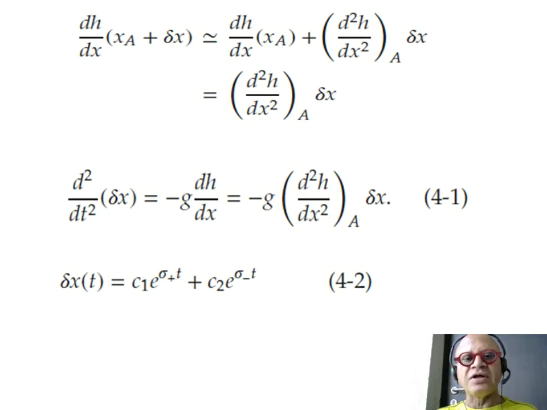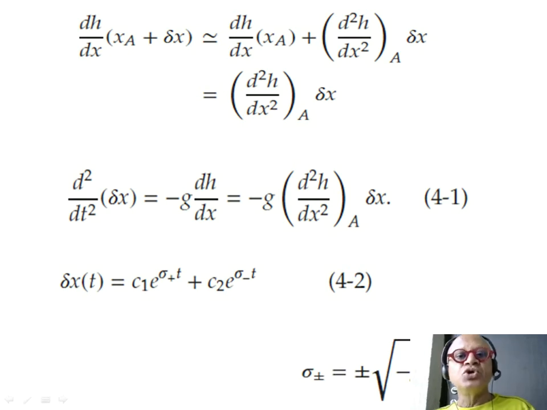You can figure it out by using Google or some simple math book, where sigma plus and minus depend on the gravitational force that is acting on the ball when you perturb it. d squared h/dx squared goes from one side of the equation to the other, so you have to take that into account. That's why you end up with either an imaginary or a real number from this.